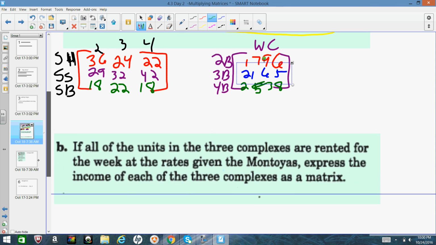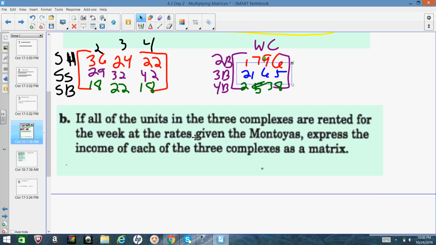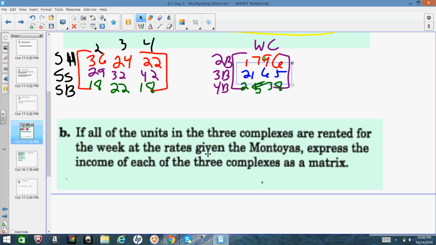If I go to part B, slide this up. If all the units in the 3 complexes are rented for the week, given the rates given to the Montoyas, express the income of the 3 complexes as a matrix. So first of all, income is going to be availability. So this is our matrix availability, this one right here.